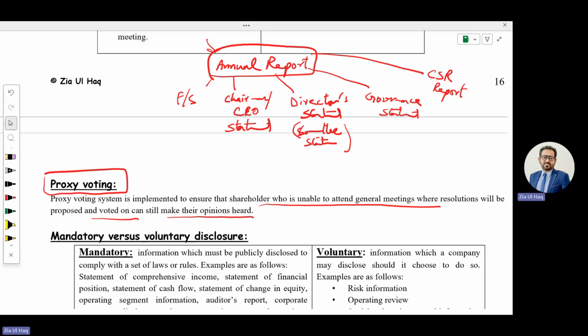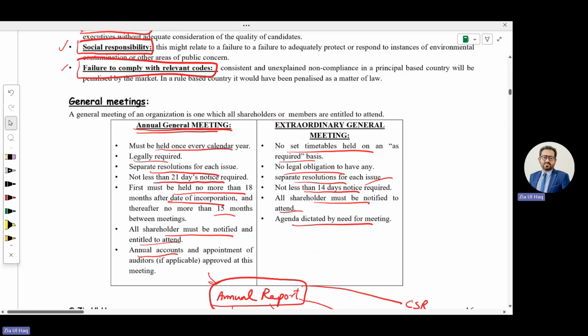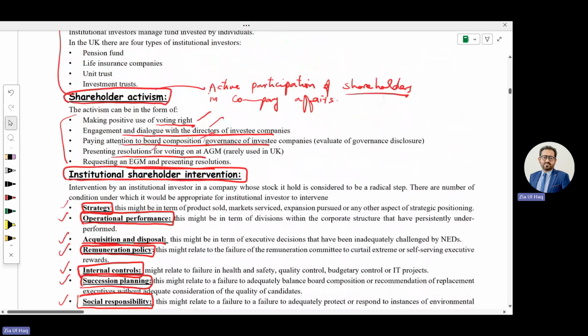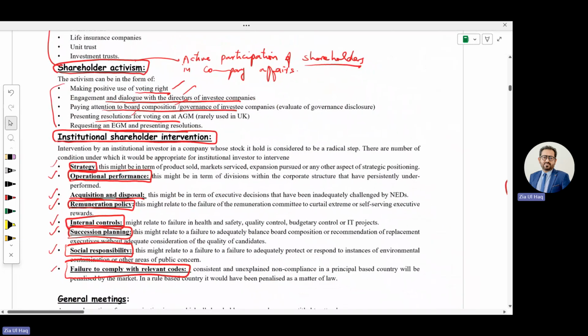SBL, Strategic Business Leader. So we have covered shareholder activism, meaning active participation of shareholders in company affairs. The areas where shareholders actively participate in the company, and institutional investors' intervention, meaning the areas where institutional investors play an active role in the company.